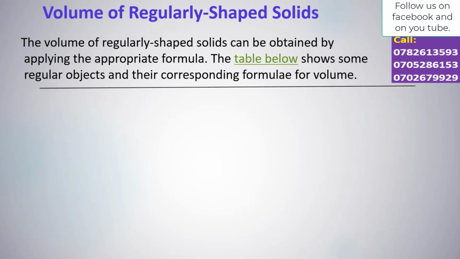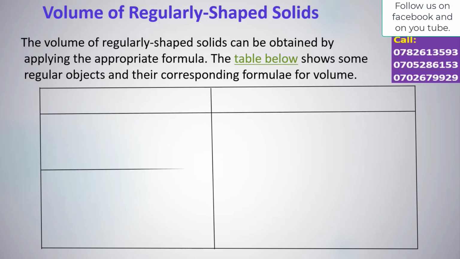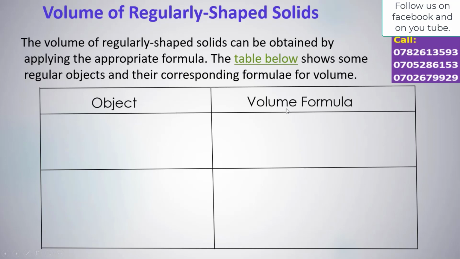Now we're going to draw the table, and where we shall insert our objects so that we can look at the shapes of the objects. So we have here the object, and we have the volume formula, and we shall start with a cuboid.